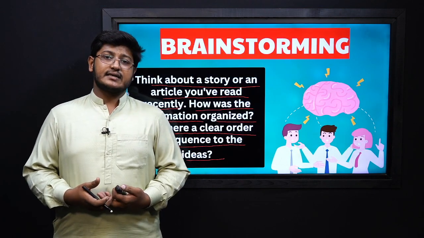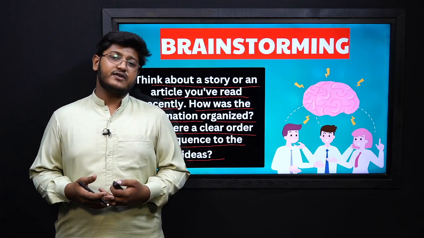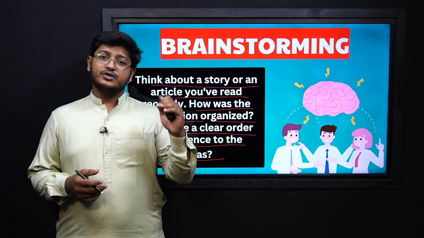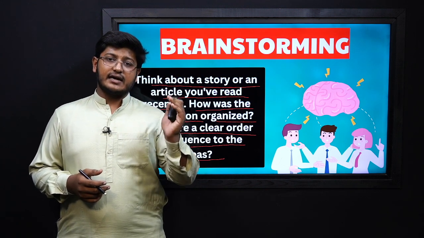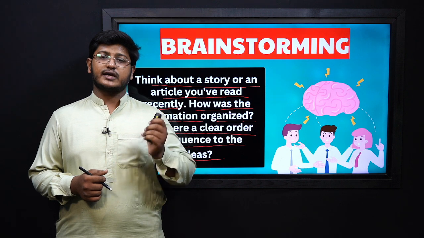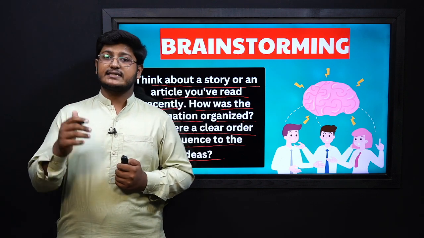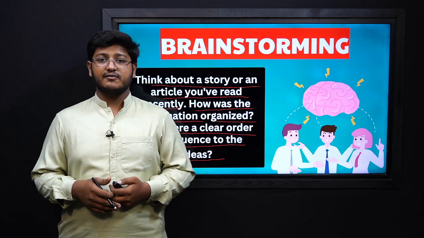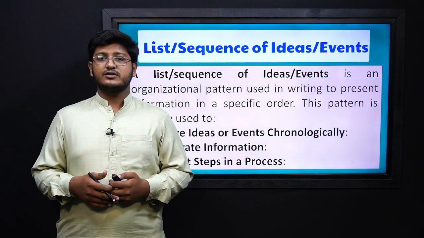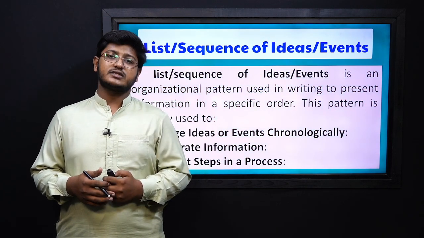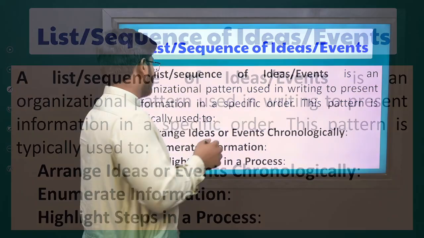I can guess that you will definitely have read different stories, and when we read a story you can witness that there is a certain organization of the ideas and events in this story, the sequence of the events in this story. This is the organizational pattern which we have to learn today. So let's find out how this sequence is formed and why such sequences happen in the text.